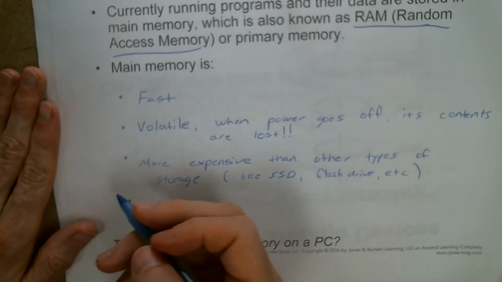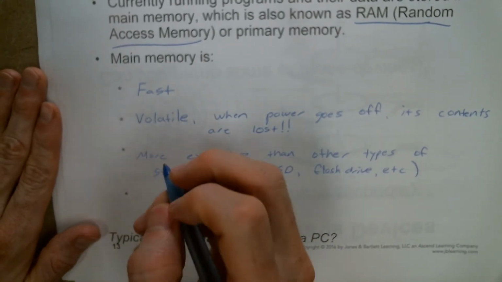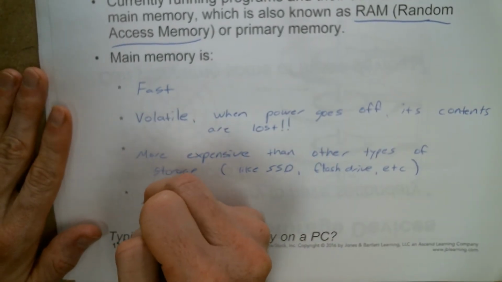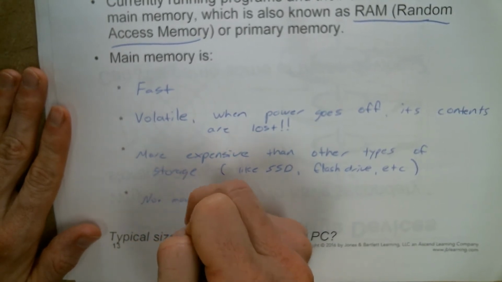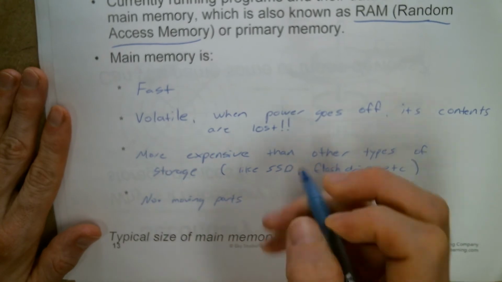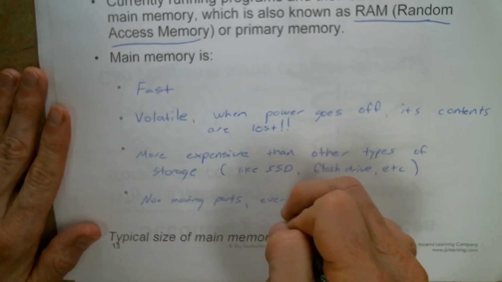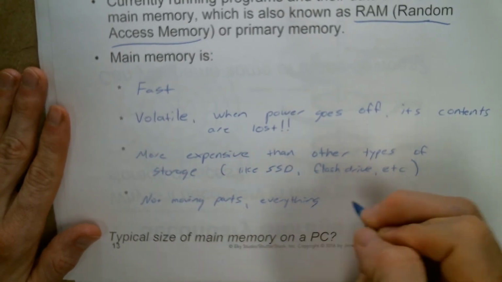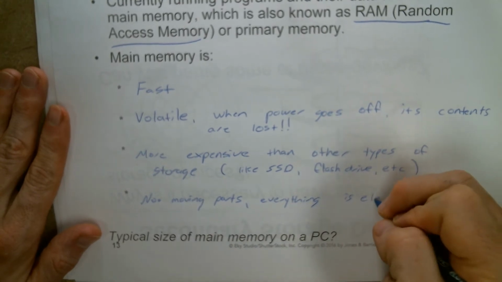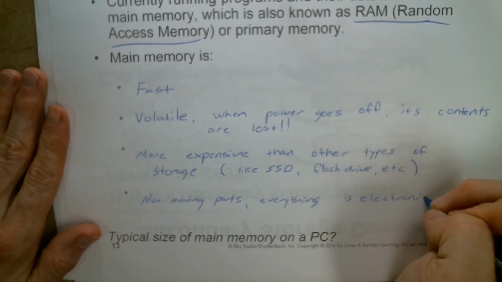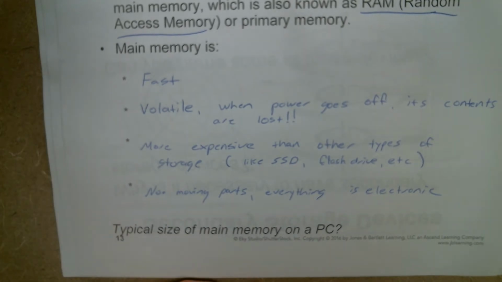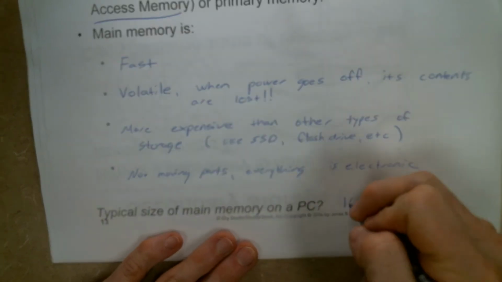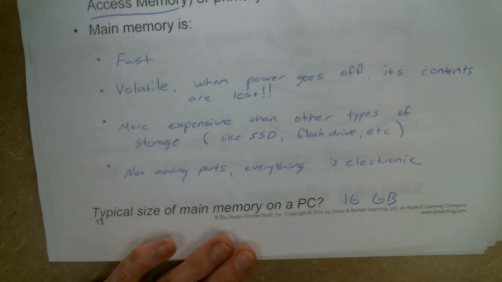And then I kind of already said this with the fast part, but there are no moving parts. Everything is electronic, which is part of the reason it's faster. So typical size of main memory on a PC, again, I'm not saying that all PCs have this, but a lot of them will be in the 16 gigabyte range.